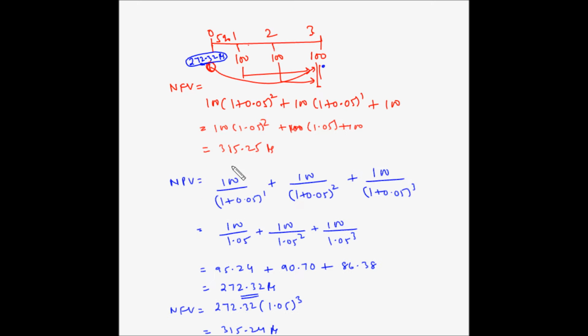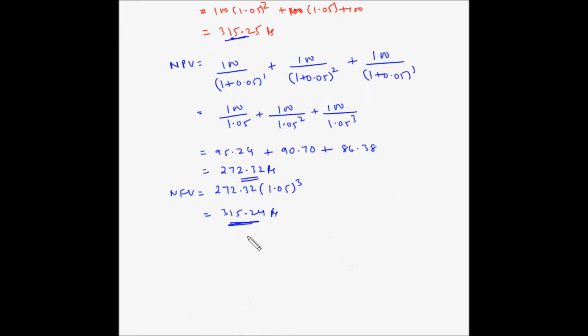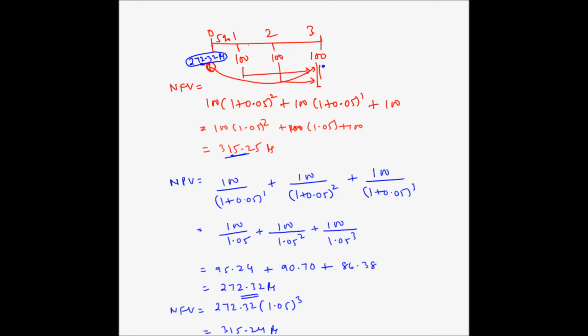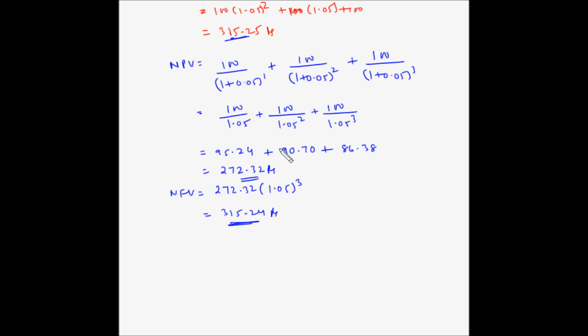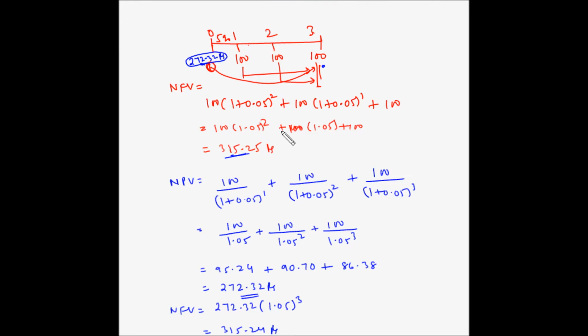As you can see, these two are pretty much the same. There's slight rounding off error somewhere, but it pretty much gives the same answer, as both of these are equivalent to each other. So let us now use this concept in the financial calculator.